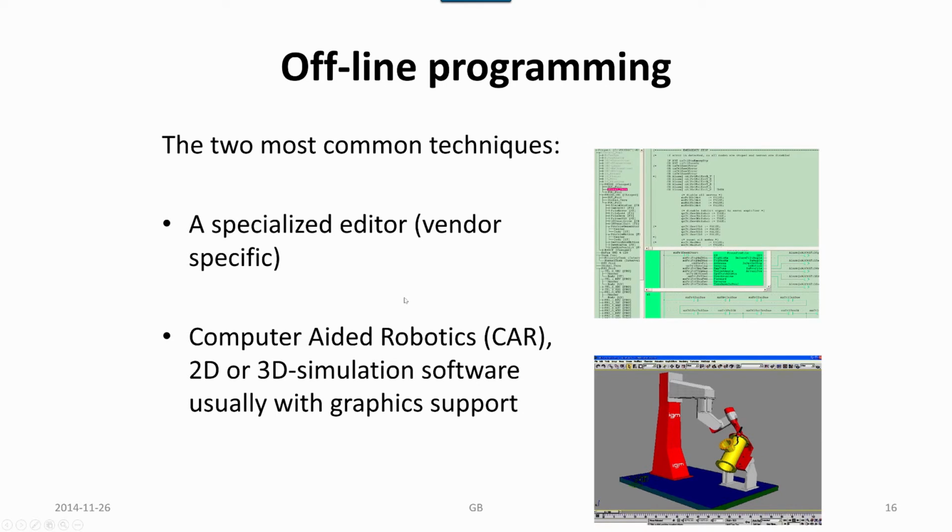So there is some kind of specialized editor, which is vendor specific, with syntax checking and so on, and also a graphical view, which shows the system as it would run using the program written in the specialized editor at the same time.